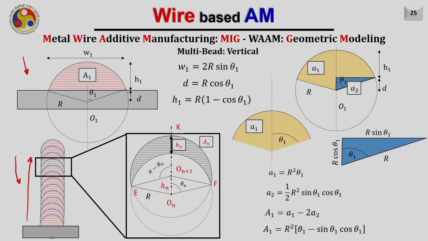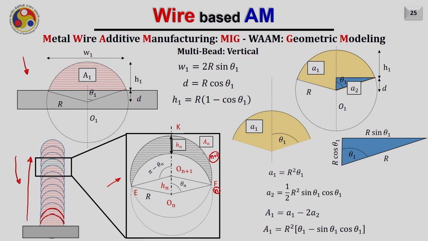The deposition of the beads after the first layer is going to be on top of a curved surface, not on the flat surface. So you can see that the bead base is now the curved surface. This diagram shows the proper overlap of the two beads. This is the n plus 1th bead and this is the nth bead.